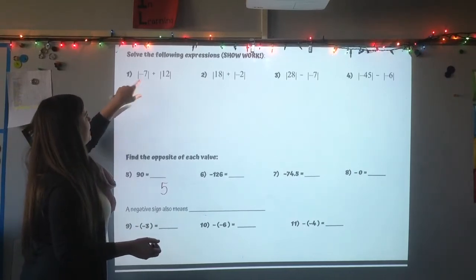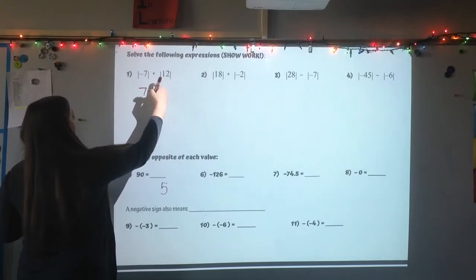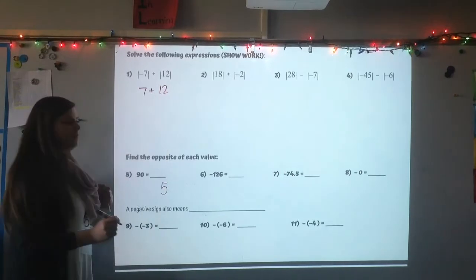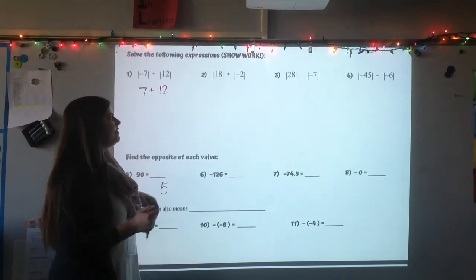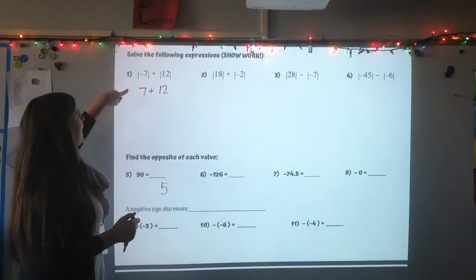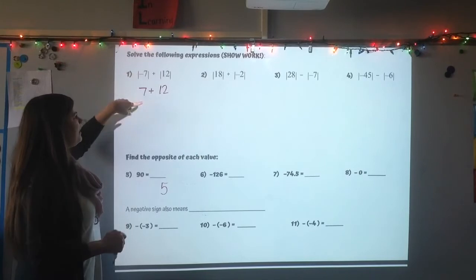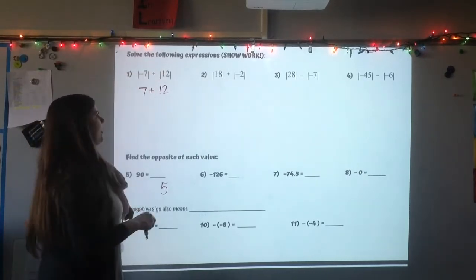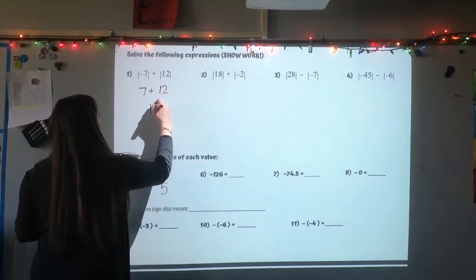The absolute value of -7 is 7, and then plus the absolute value of 12 is 12. Make sure that you're not trying to just flip the sign and make it the opposite. A lot of times kids make mistakes. You would say the absolute value of -7 is 7, the absolute value of 12 is -12. Make sure that your answer is always positive. So 7 plus 12 then, you get 19.